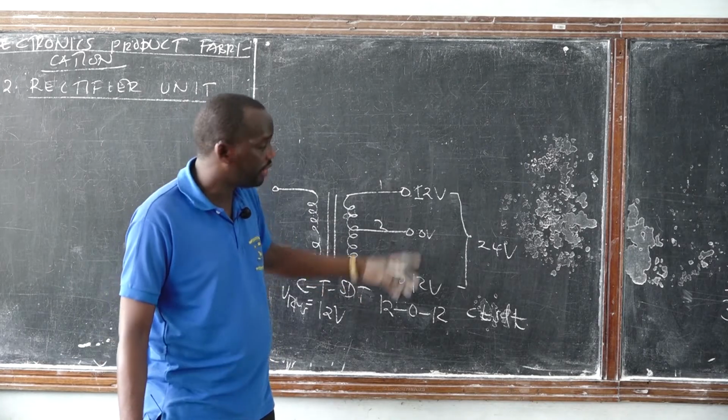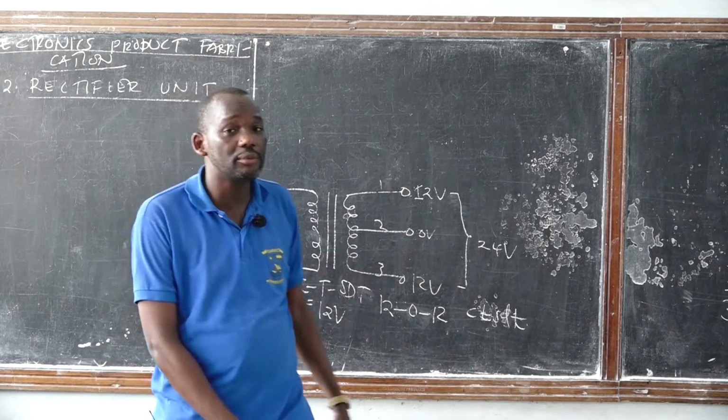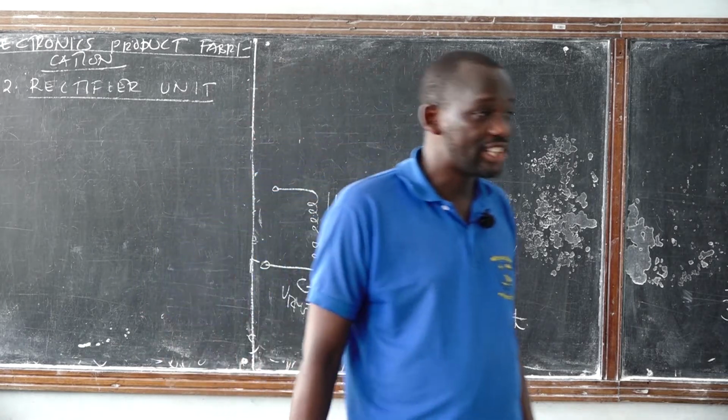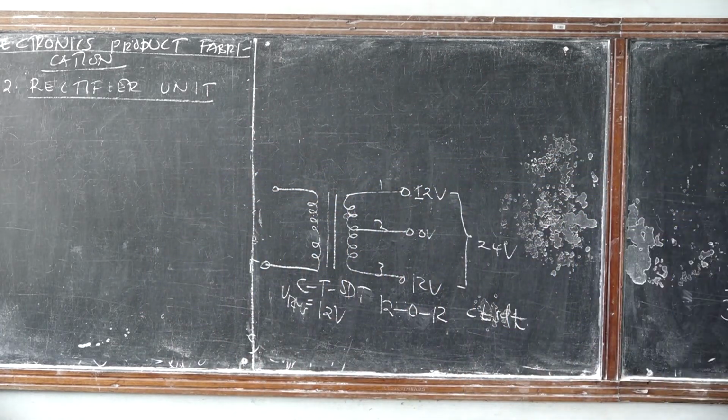But if you have a center-tapped step-down transformer, you just need 1. Are we together? So it means that a center-tapped step-down transformer is a combination of 2 non-center-tapped step-down transformers. And you have to be careful.